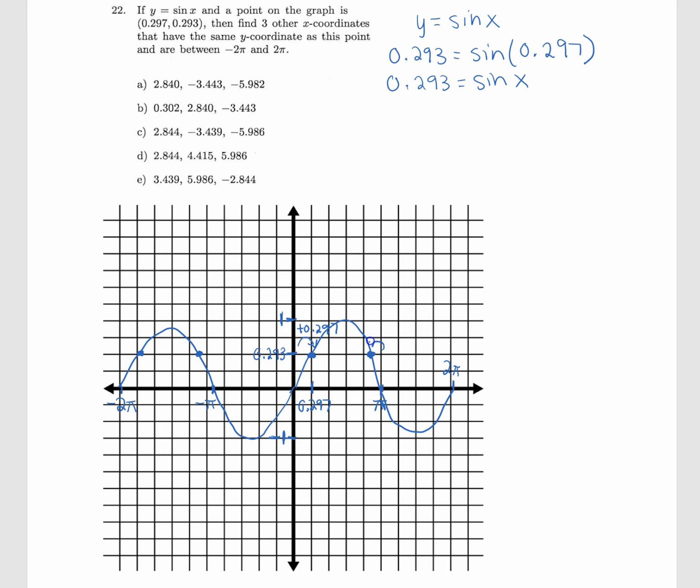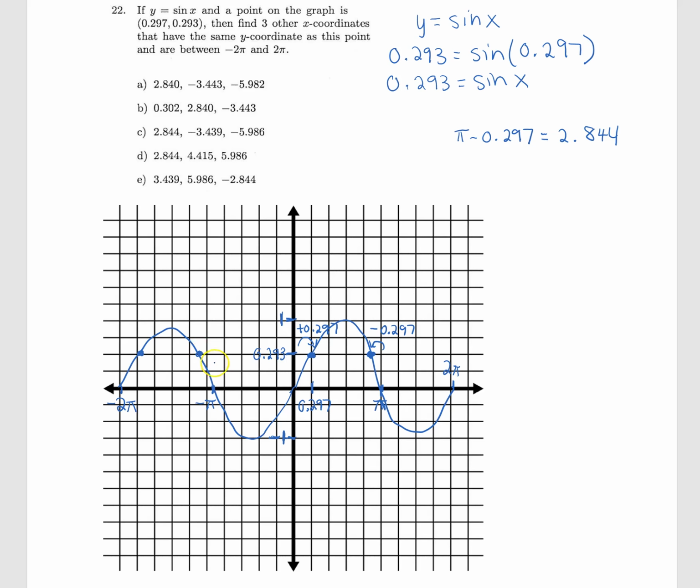So in this case, we've subtracted 0.297 from pi. So we can write pi minus 0.297 should equal another x coordinate that will give us the same y coordinate. If you plug that into your calculator, what you get is 2.844.